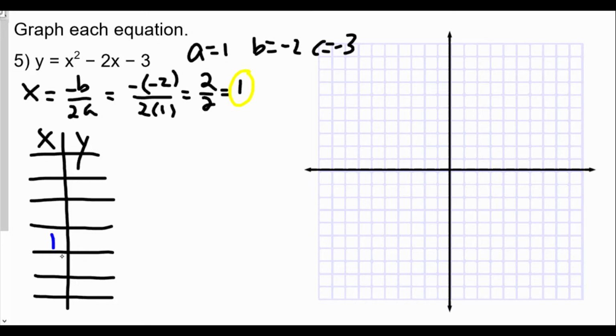Now we pick 3 consecutive integers above and below this value. For 3 integers directly consecutive less than 1, I'm going to use 0, -1, and -2. Then for the 3 values greater than 1, I'm going to use 2, 3, and 4.